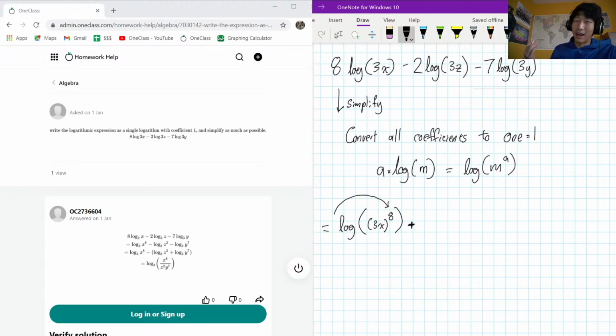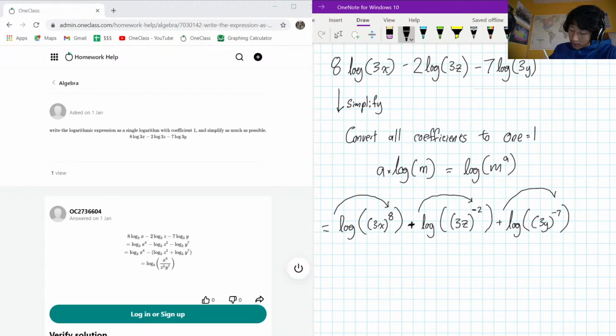But I guess the difficulty is about the same. But my preference is to convert everything to positive, so that we just multiply it together. So in here we have 3z, and this is to the power of negative 2. Remember, I brought the negative there with it. Okay, and the last term we are bringing the 7 over, so we do plus log. Now we have 3y to the power of negative 7. I brought the negative over here as well.